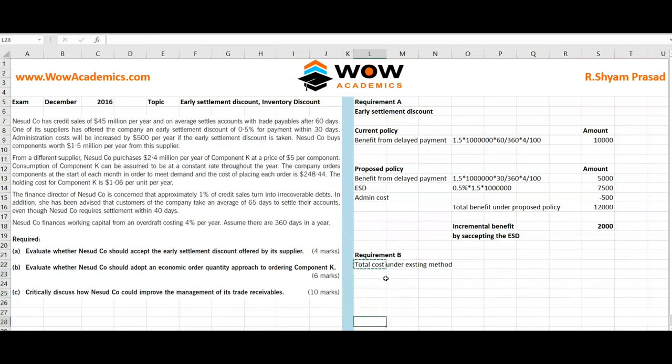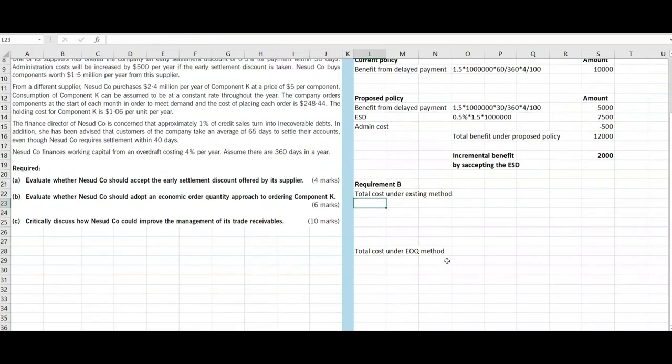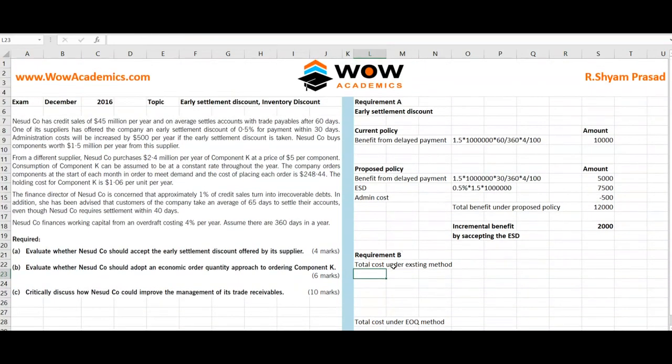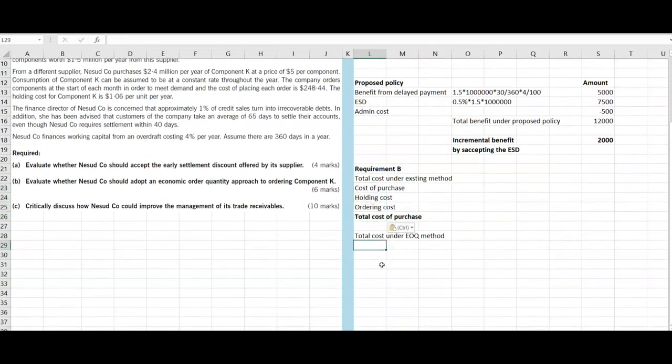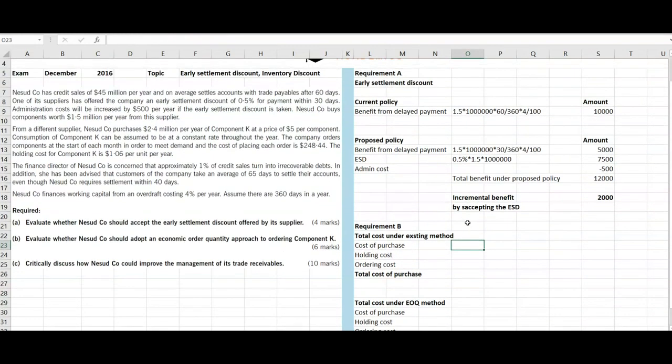Then we have to find out the total cost under the EOQ method. So to do this, we should have these three costs, and here also we'll have the three costs. So we will go a little bit below. So we'll start with the cost of purchase, and then we'll keep moving.